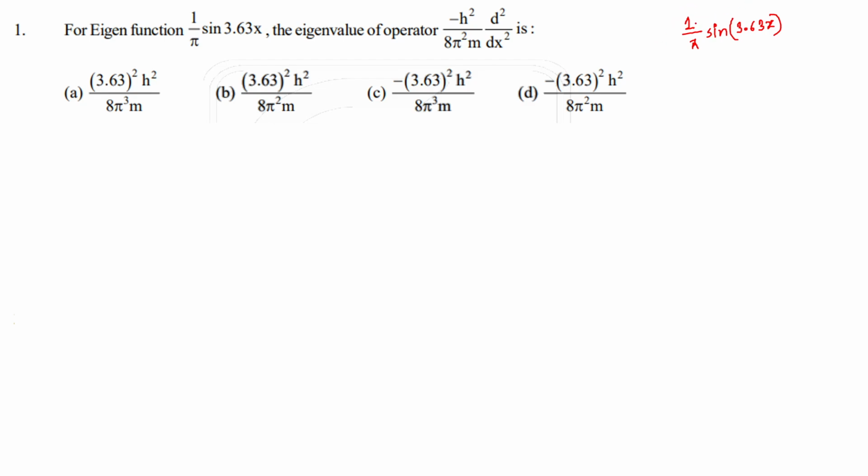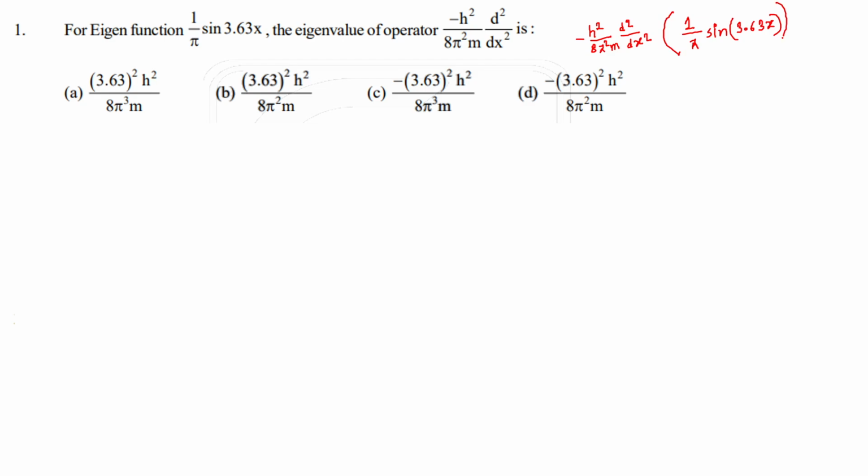It is a function. Now your operator is also given. Your operator is minus h square by 8 pi square m d2 dx square. So this is the operator and this is the function.